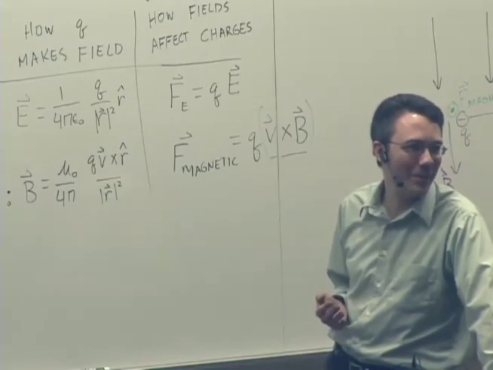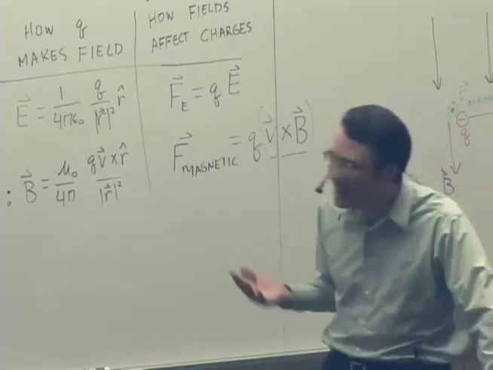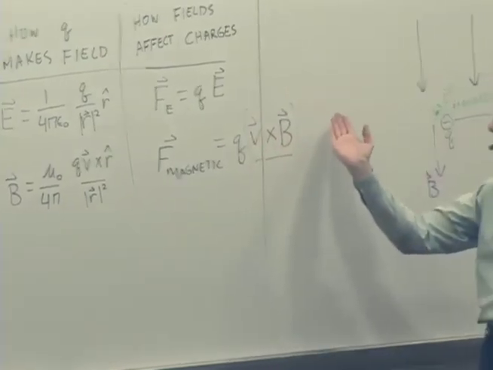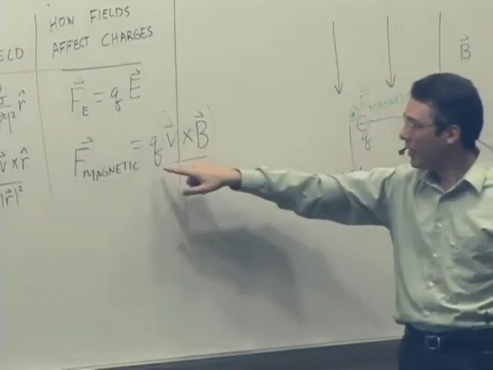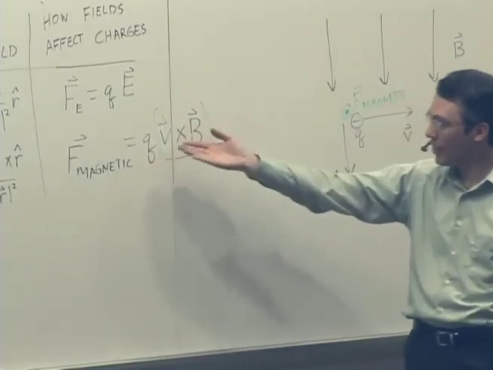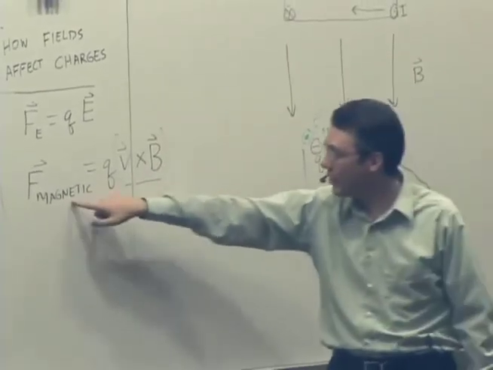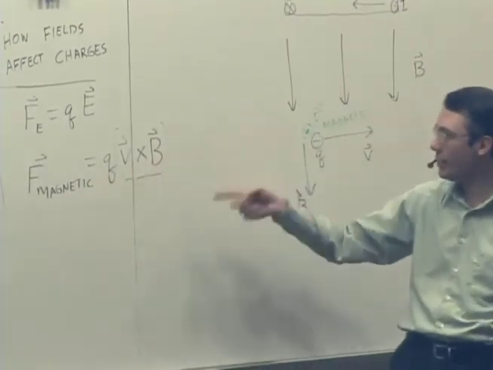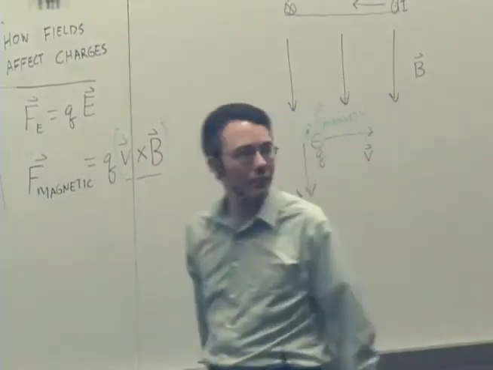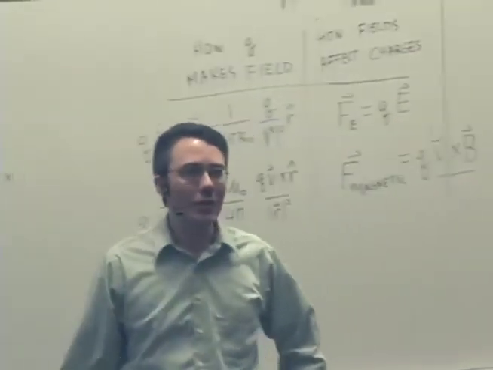But if you mix them up, don't come crying to me, okay? I like to just say, look, any cross product is going to be a right-hand rule. But again, just think about the formula here. You're multiplying by some scalar. If it's a positive scalar, then the vector you get is going to be in the same direction as V cross B. If it's a negative scalar, the vector you get is going to be in the opposite direction. Okay? Other questions?